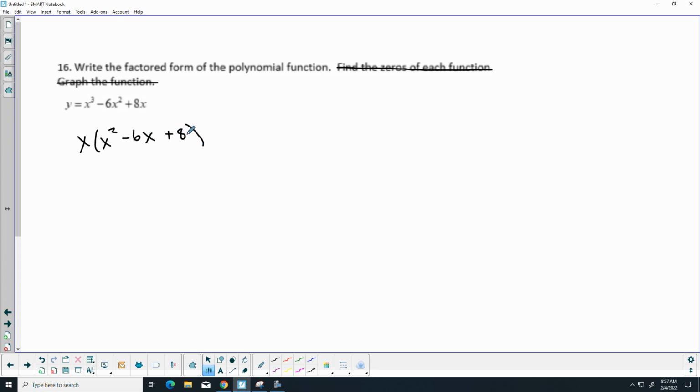Find two numbers that multiply to 8, add to negative 6. They are negative 4 and negative 2. Negative 4 times negative 2 gives me positive 8. Negative 4 plus negative 2 gives me negative 6.